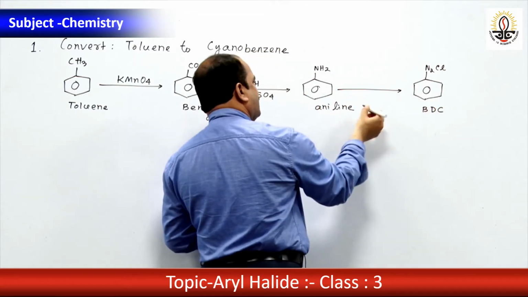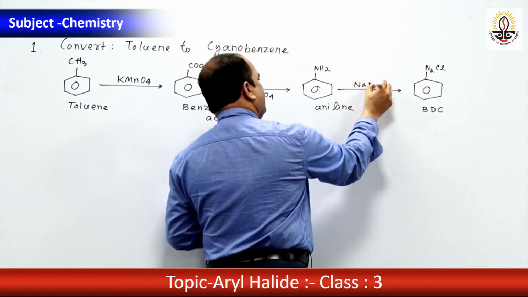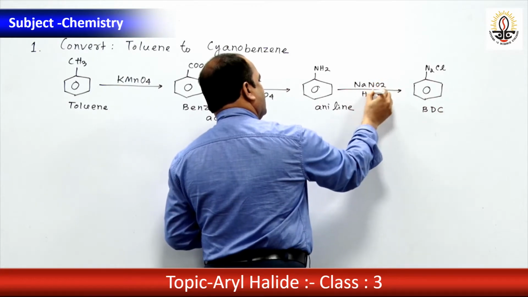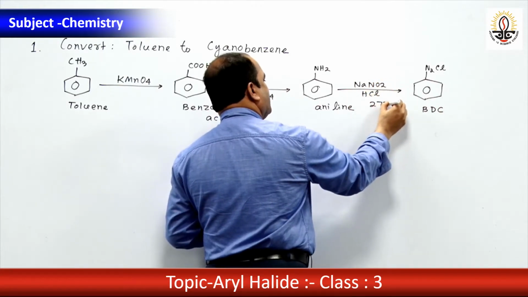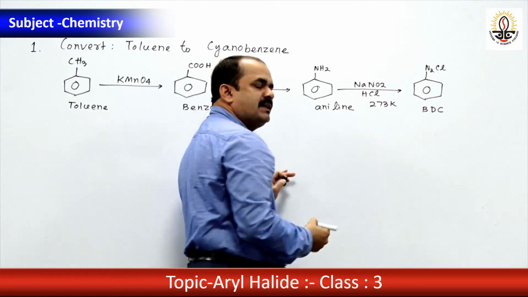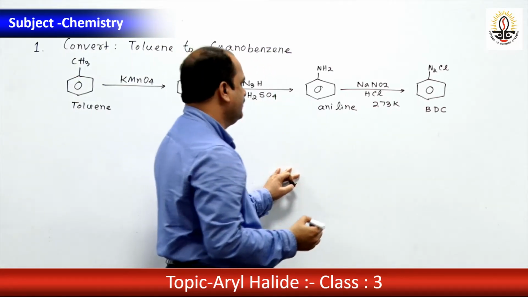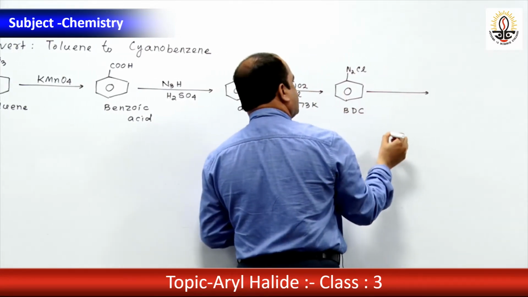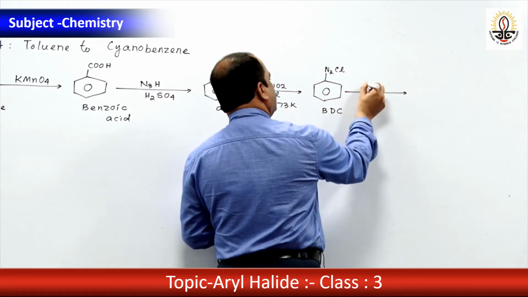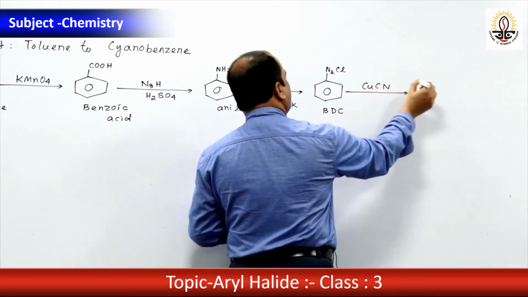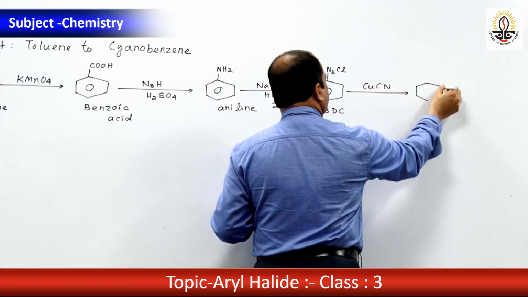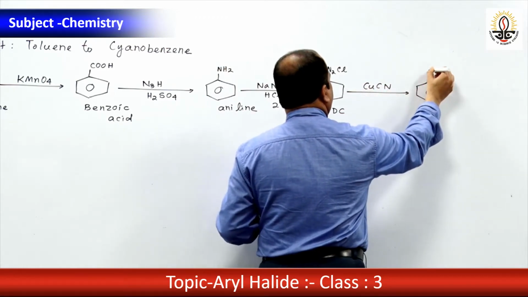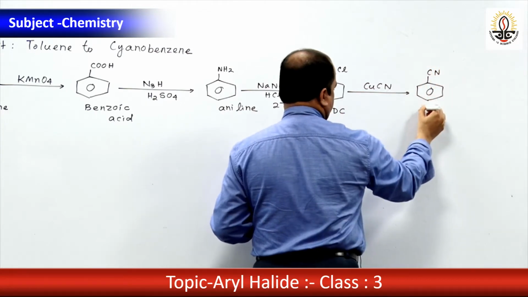When aniline reacts with NaNO2 and HCl at low temperature, ice cold, 273 Kelvin, it gives BDC, which undergoes Sandmeyer's reaction. BDC treated with cuprous cyanide gives cyanobenzene, or benzonitrile, or phenyl cyanide.